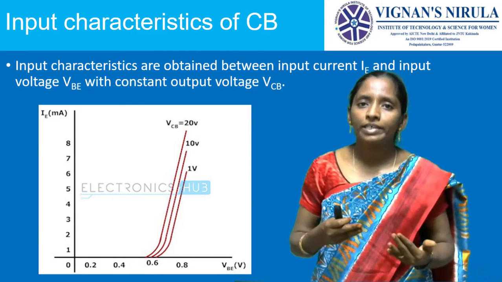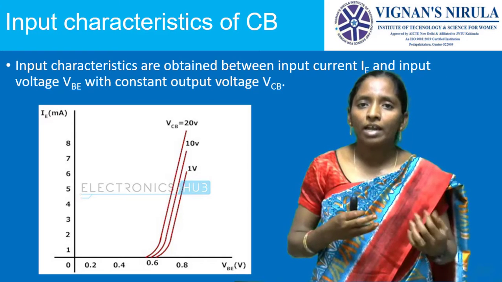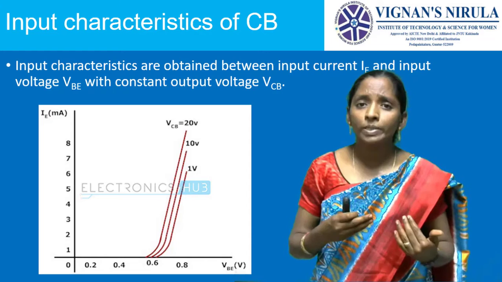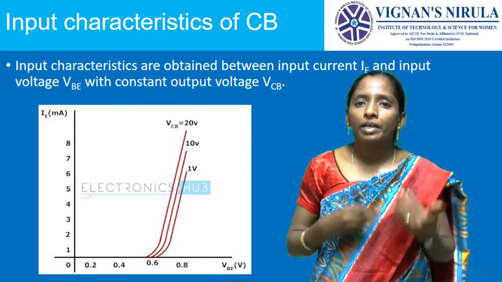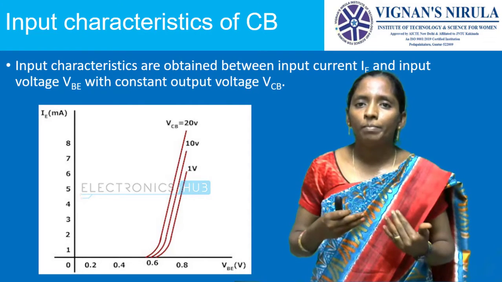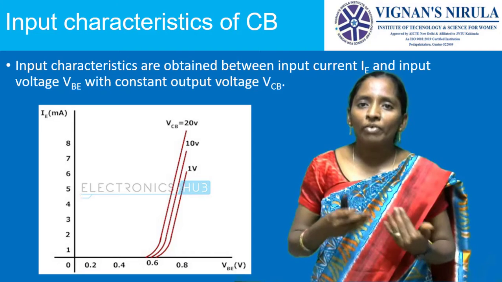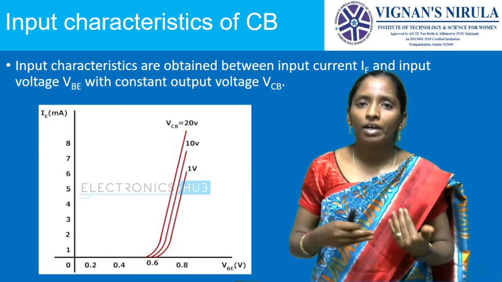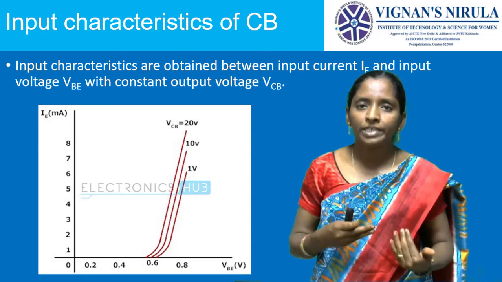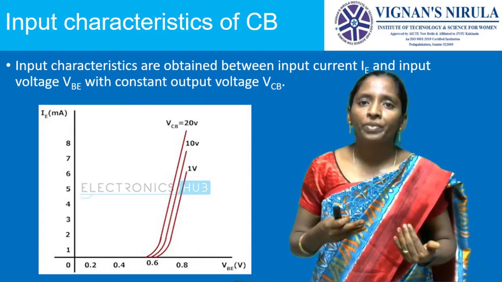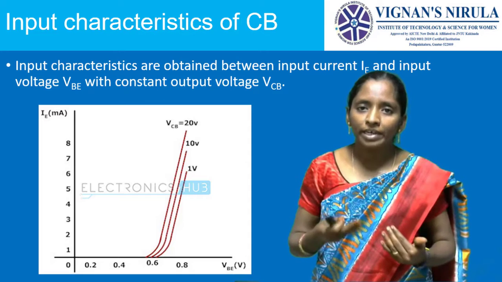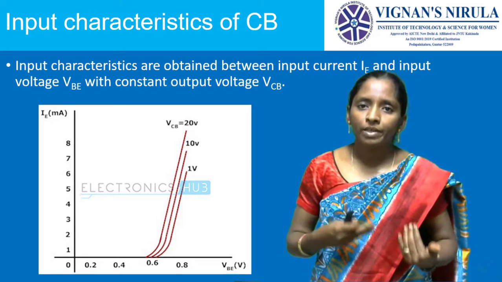Collector current will increase. That means some of the electrons or holes, the majority charge carriers from the emitter, take place in recombination with the base. So that amount will decrease. If that amount decreases, it means emitter current will increase. So if you increase the VCB, what is happening? If you increase the VCB, IB is reducing.